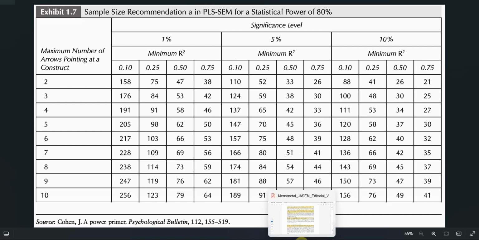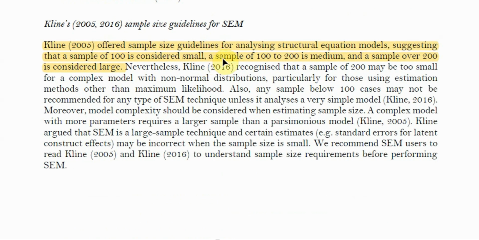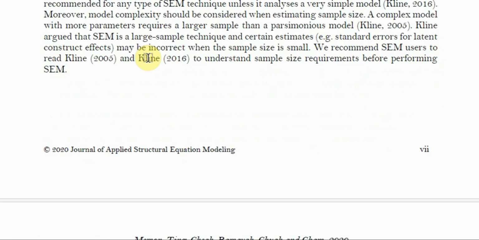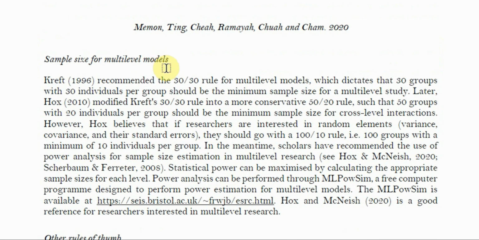Now moving on. Then there is Kline's recommendation, whereby Kline has mentioned that 100 to 200 is medium, over 200 is large, and less than 100 is small. Again, Kline has mentioned that model complexity should be taken into account. And then for multi-level models, there is the 50-20 rule, such as 50 groups with 20 individuals per group. Multi-level models are when you have groups and then levels in your data.